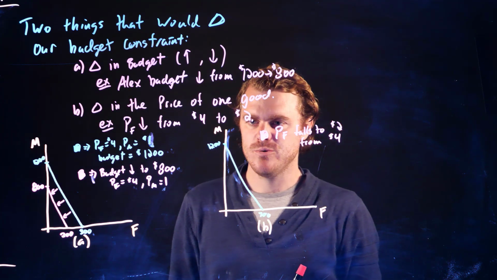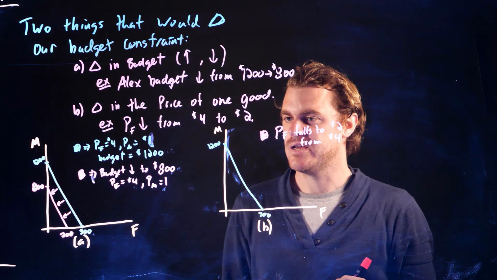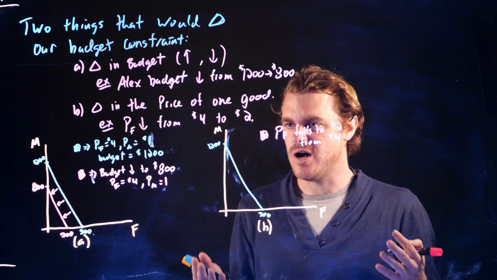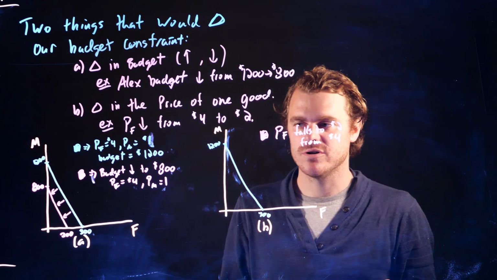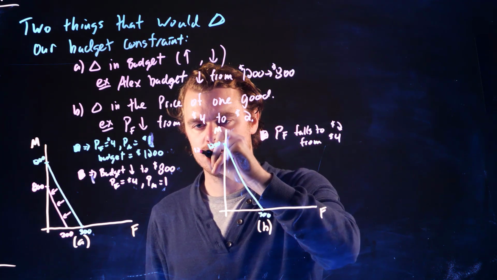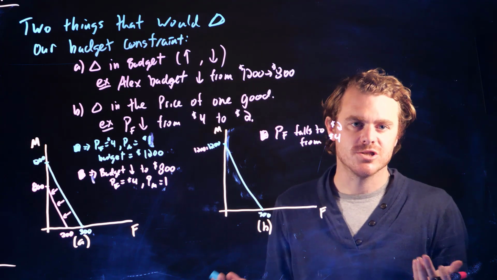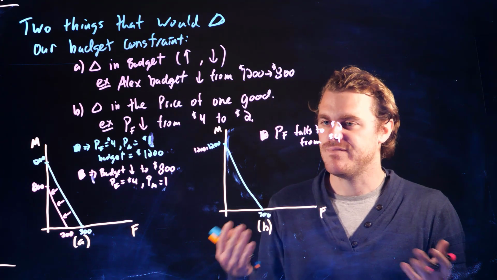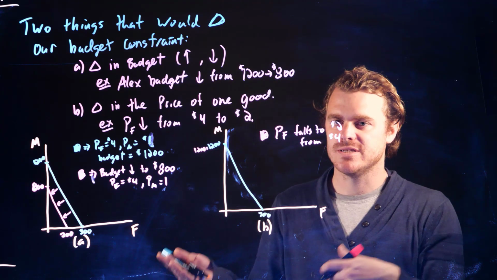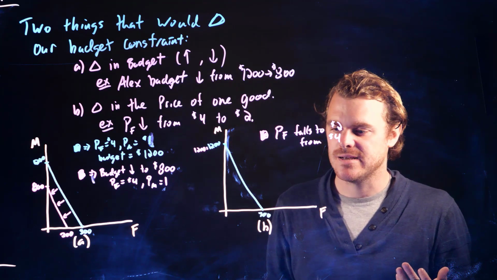So to figure out a new budget constraint, we need to think of, okay, the price of mangoes is $1. Our budget is still $1,200. Well, we could still afford 1,200 mangoes if we just purchase mangoes. If we're just purchasing mangoes, this change in the price of fish doesn't affect anything.